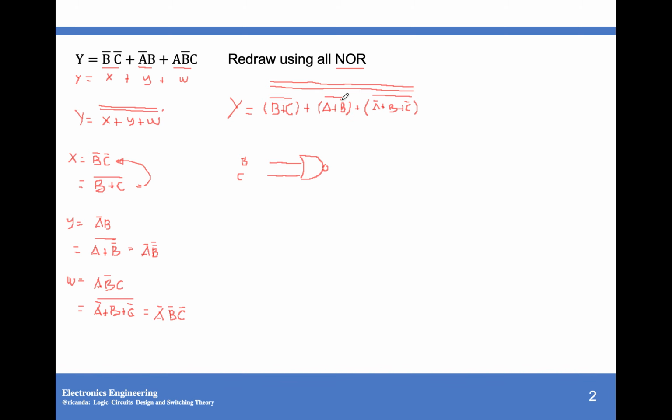Remember that this is a bar on your B. Then we have to draw a complement for your B. This is a NOR gate.